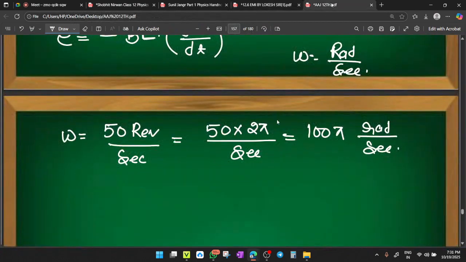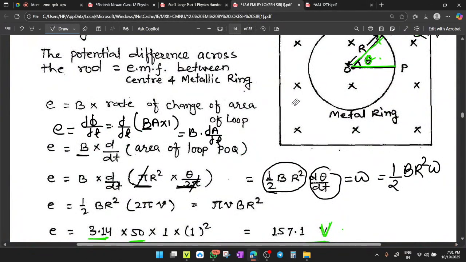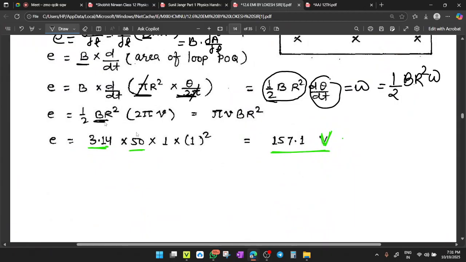Now by the formula in class 11th, omega is equal to 2 pi f. f is called linear frequency, which is given here as 50. In the place of f, you can also take nu.